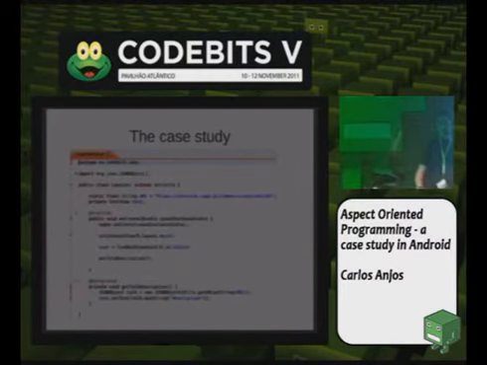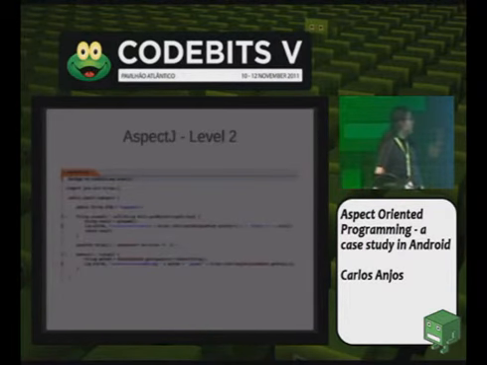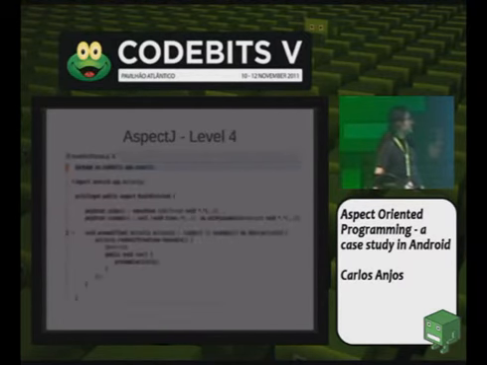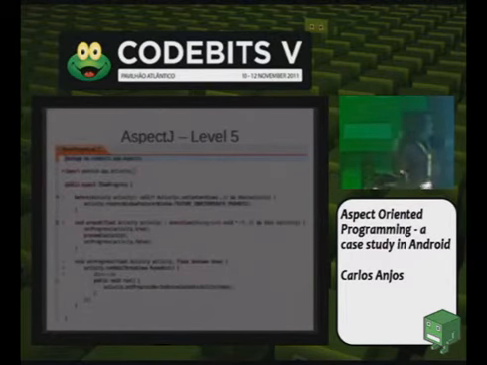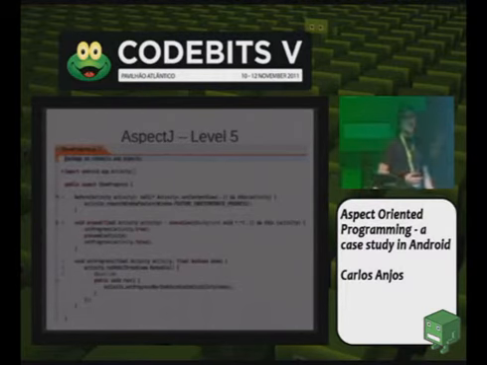And instead of writing that in every class, you write that with an aspect. So I'm saying, before the setContentView of any activity or anything that extends Activity is called, call requestWindowFeature with this keyword, so that Android knows that it has to reserve space for a progress bar.